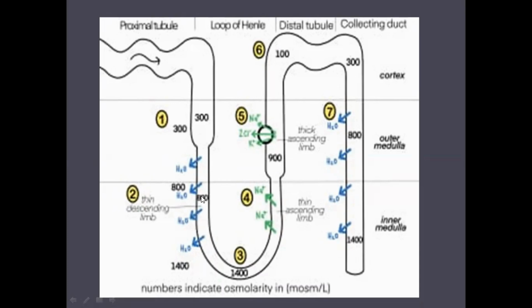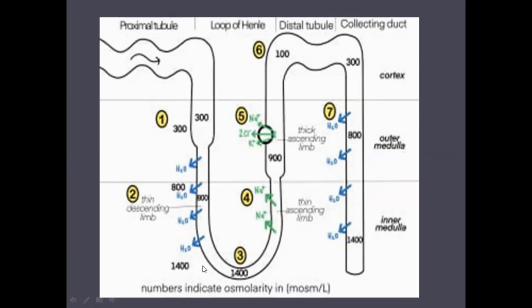The lumen keeps getting concentrated. So when water keeps on being reabsorbed, the osmolarity within our loop of Henle will keep on increasing from 800, and whenever it reaches 1400, that means an excessive amount of water has been reabsorbed, and in our lumen only the solutes are left behind, and that solute is going to increase your osmolarity.